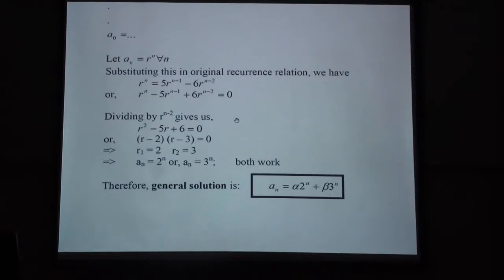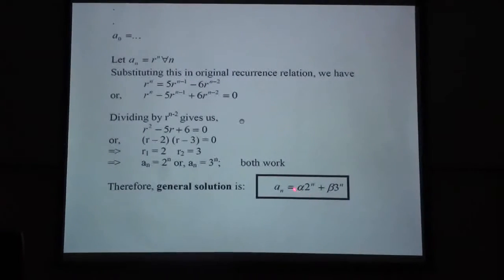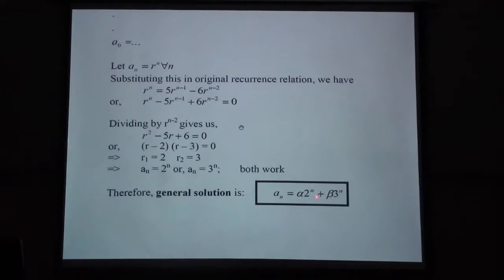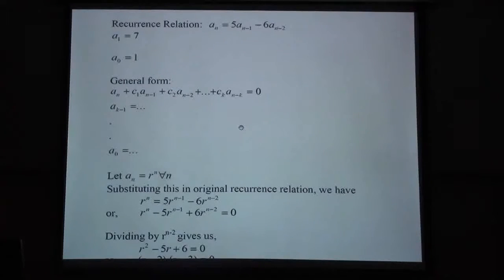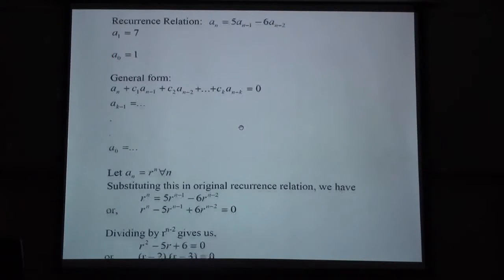The nth term will equal some number times 2 to the n plus some number times 3 to the n. The values of alpha, the coefficient here, and beta, the other coefficient, can be determined by re-examining the initial conditions. Because A naught is equal to 1.